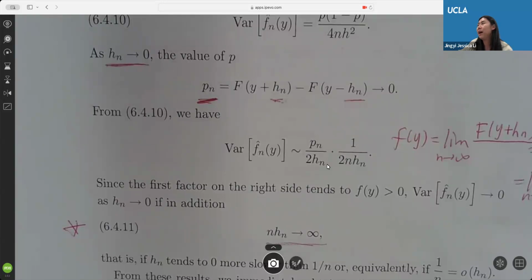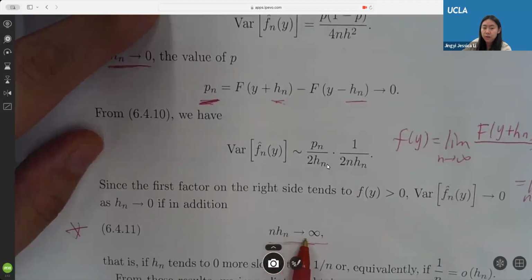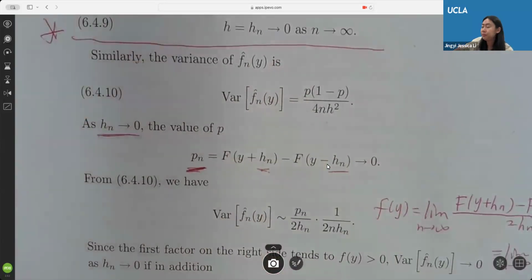That means my bandwidth decreases slower than my sample size increases. So therefore, within my window, my sample size is actually increasing. Okay, this is to guarantee the asymptotics. So just keep in mind the two conditions: n times h_n going to infinity, h_n going down to 0.